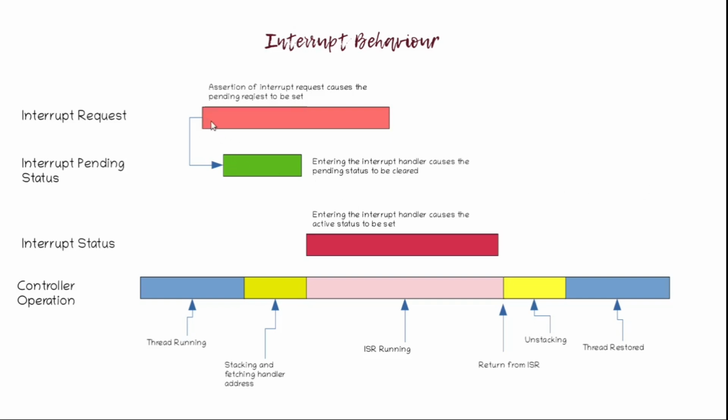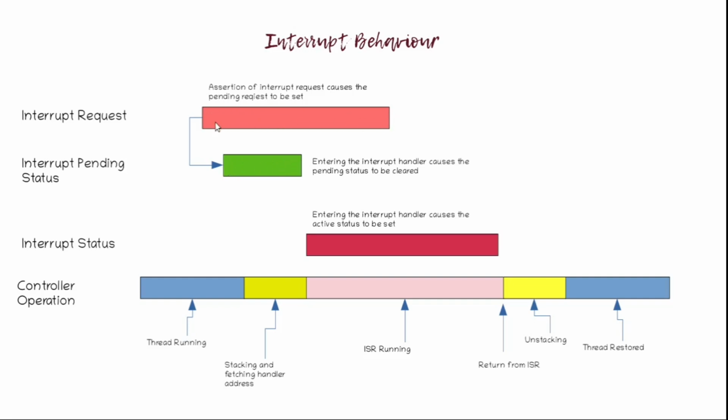When an interrupt is asserted, the first thing that the controller does is to set the pending bit for that particular interrupt. Every interrupt that you have, system interrupt or peripheral, will have its corresponding pending bit in its own designated registers. Okay, so the pending bit is set here.